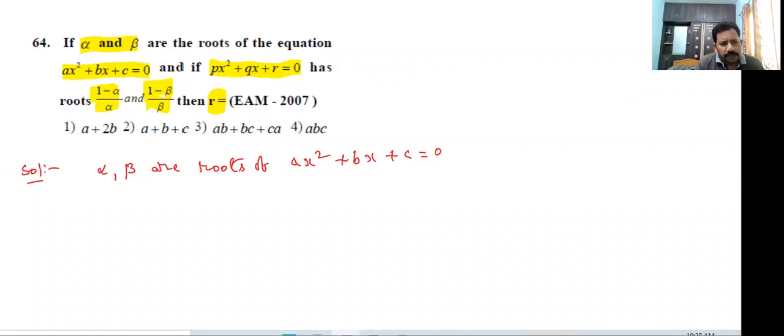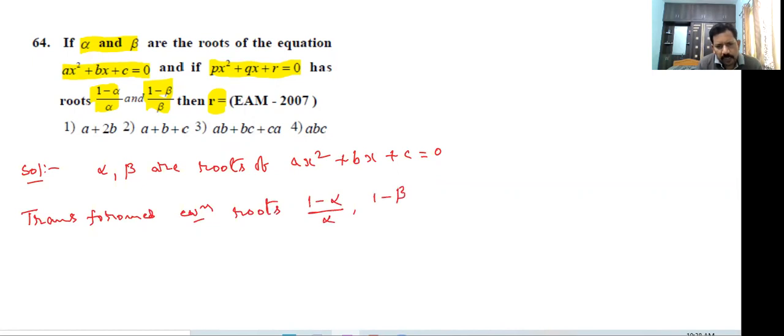Now, the transformed equation roots. What are they? One is (1 minus alpha) by alpha, another one is (1 minus beta) by beta.